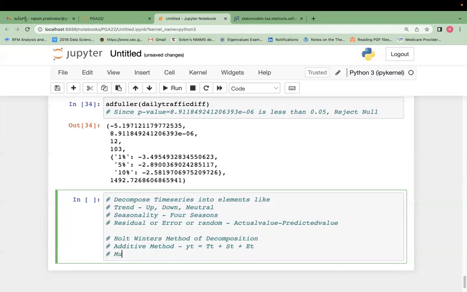They also published a multiplicative model, which is Yt is equal to trend t into seasonality t into error t.